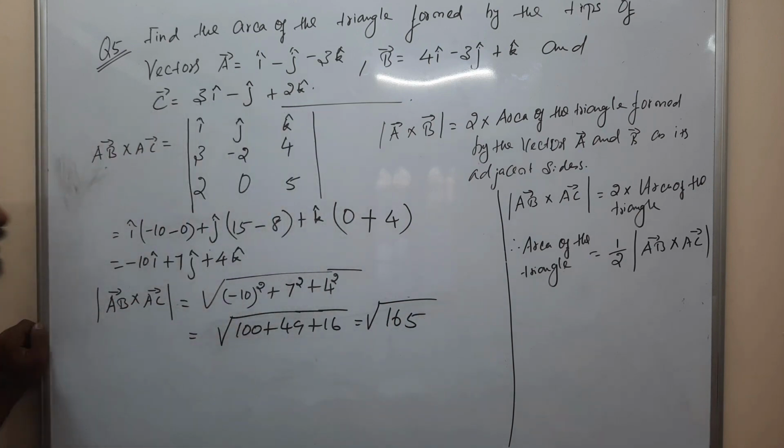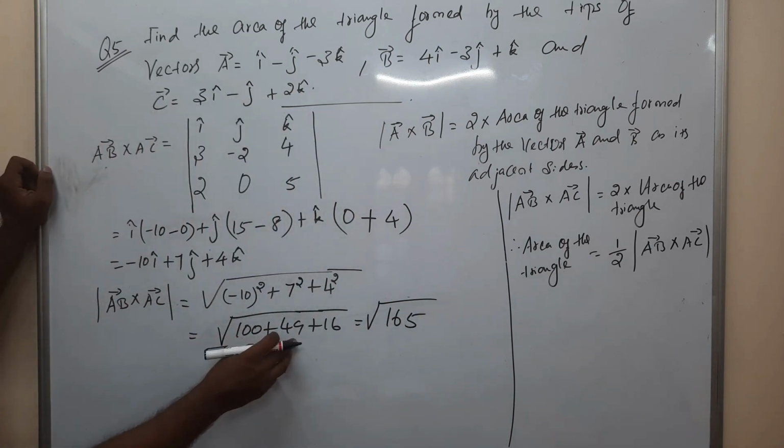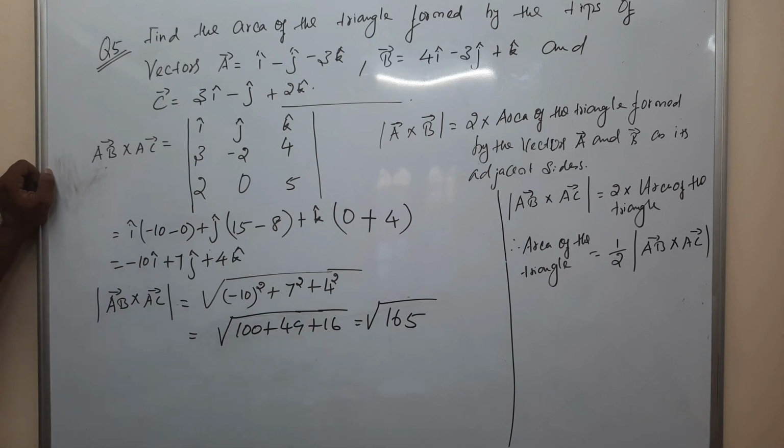Square root of 165. That is the modulus of AB vector cross AC vector.